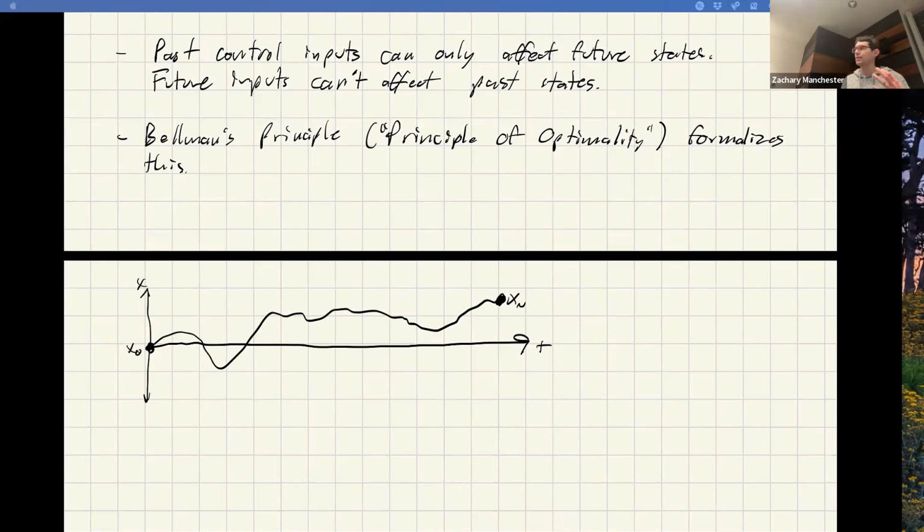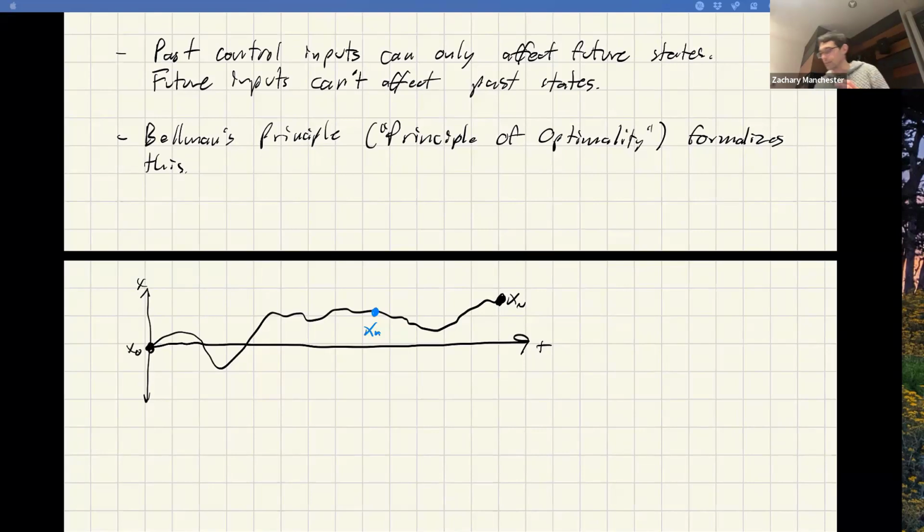Let's imagine I randomly stopped somewhere in the middle, at some xk, and I gave you a new optimal control problem that started at that xk. You didn't know anything about the past. You just knew that was your initial condition, and you had that much time to get to xn. What's the solution to that new subproblem starting from xk?